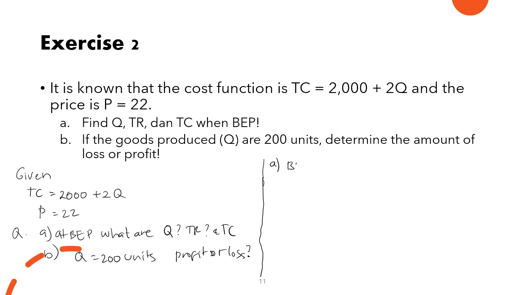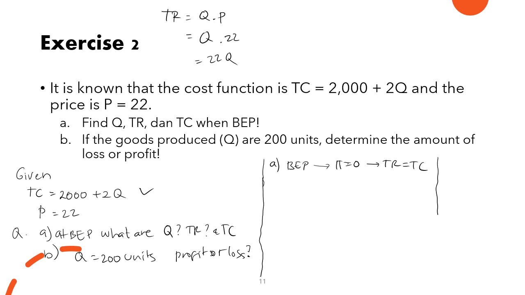Okay, so now BEP is equal when profit is 0, or TR equal TC. We have TC, but we don't have TR, so find TR first. All right, here TR is quantity times price, so quantity times 22, then it is 22Q.